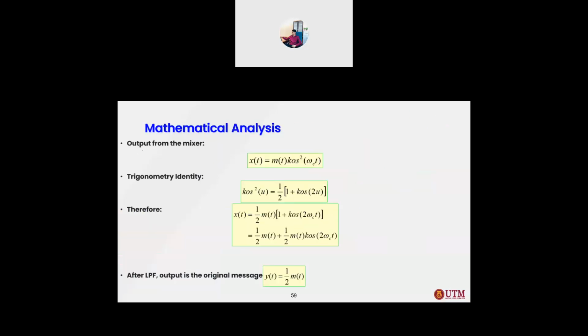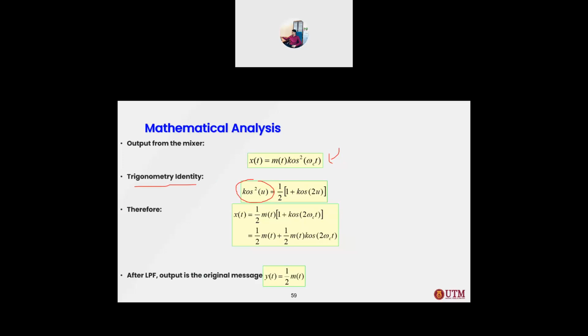So you see here, output from the mixer, just like I told you. Then you can use the trigonometric identity, cos square u. You refer to the appendix, or you have your own trigonometry skill already, so you know it's half of 1 plus cos 2u.